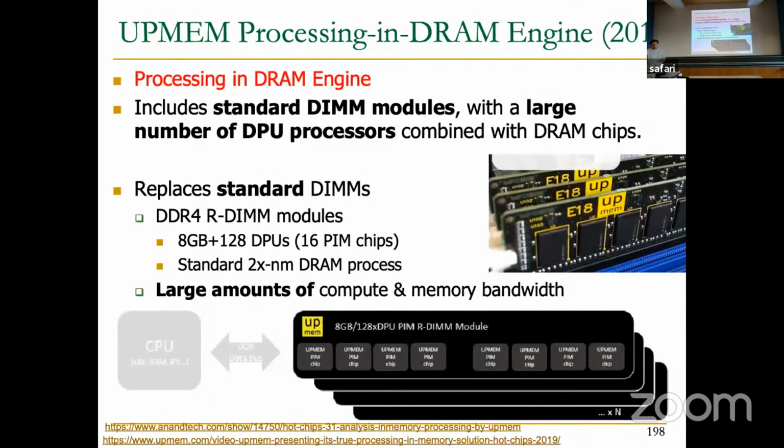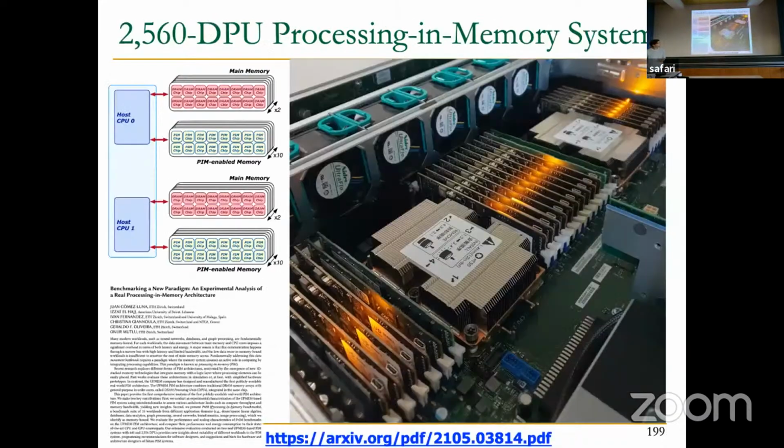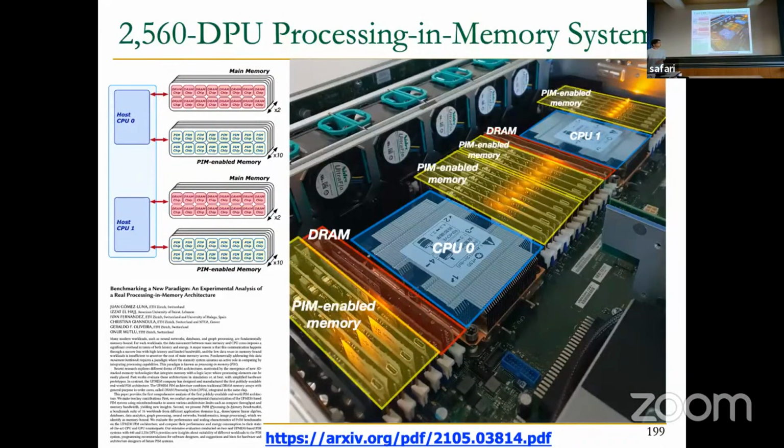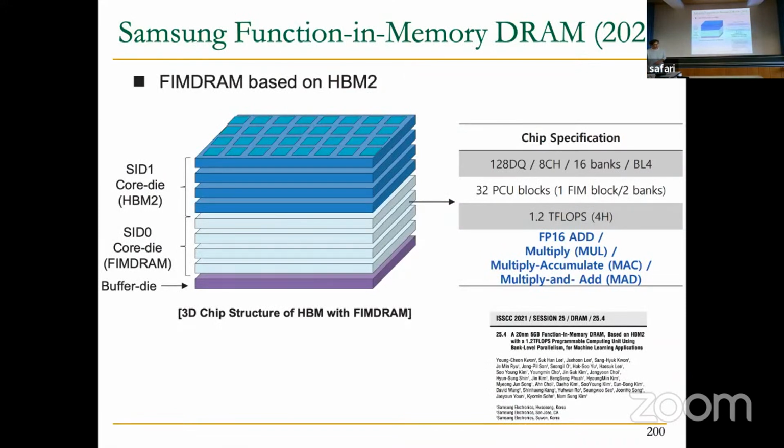And the truth is that there are people who believe that things can change, who try to revolutionize existing computing systems. A good example is the processing-in-DRAM architecture from the French startup UPMEM. You already know this picture with two dual-socket CPUs, DRAM DIMMs and PIM-enabled DIMMs in the same system.